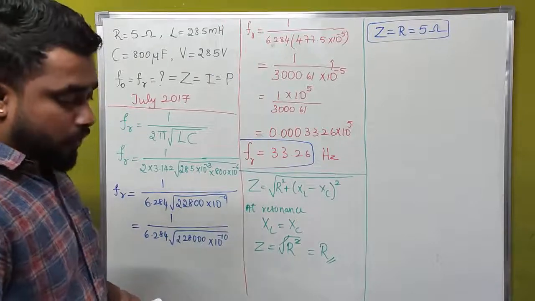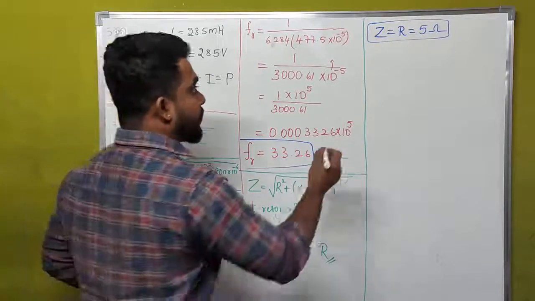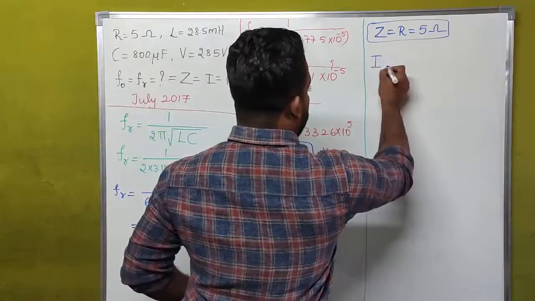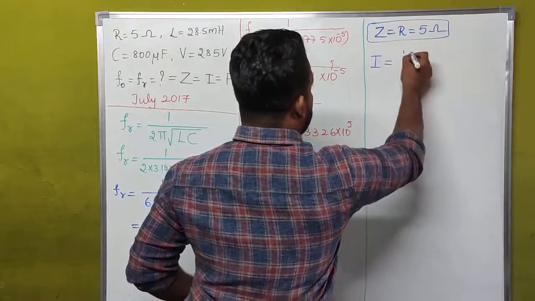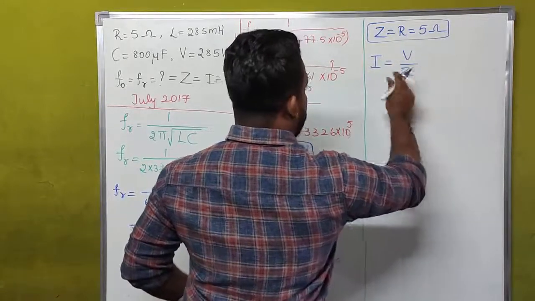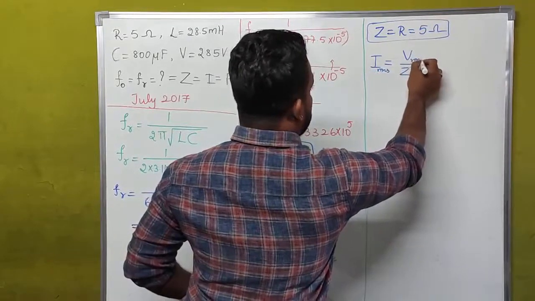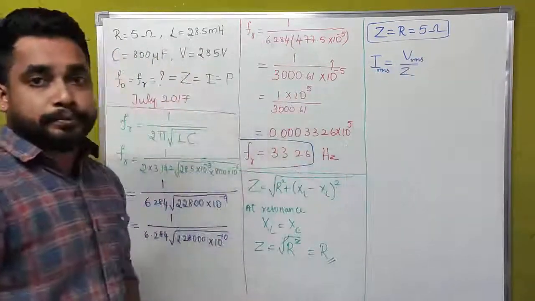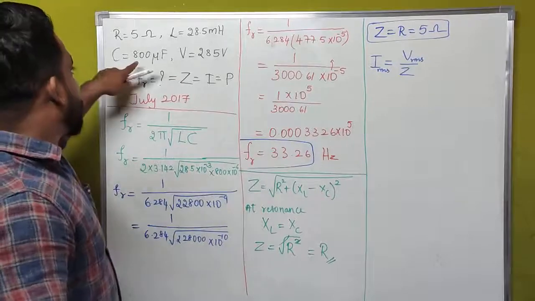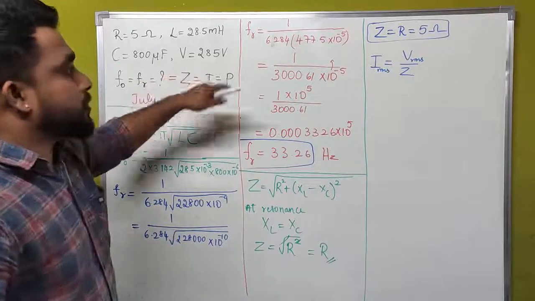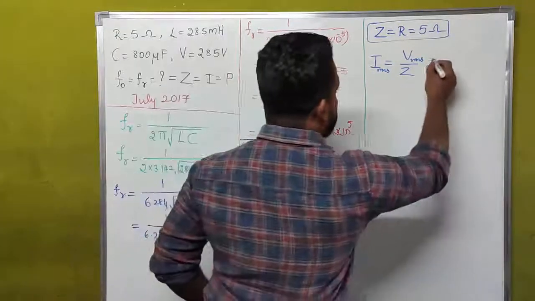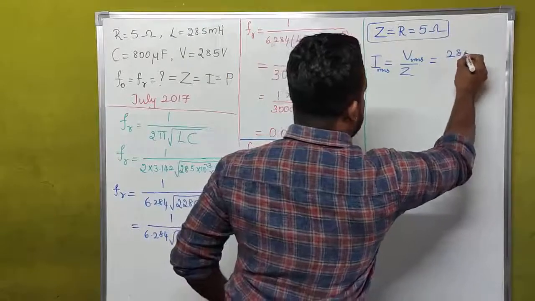Now again, what we have to find out is current. To find out current, we write the expression I is equal to V divided by Z, or IRMS is equal to VRMS divided by Z. What is the value of voltage? Voltage is equal to 285 volts.